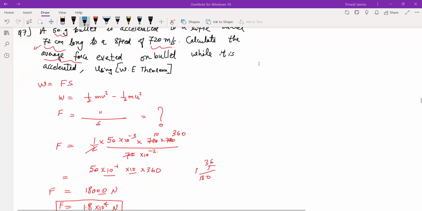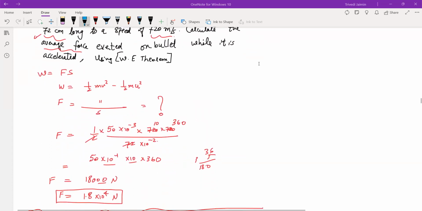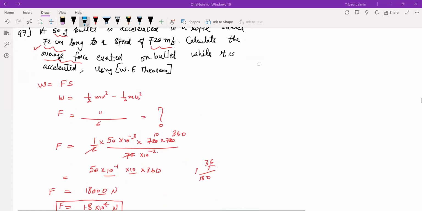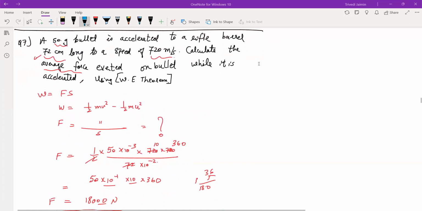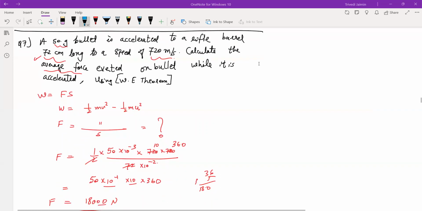Yes, initial velocity is 0, so that is 0. Yes, obvious. The remaining things are given.